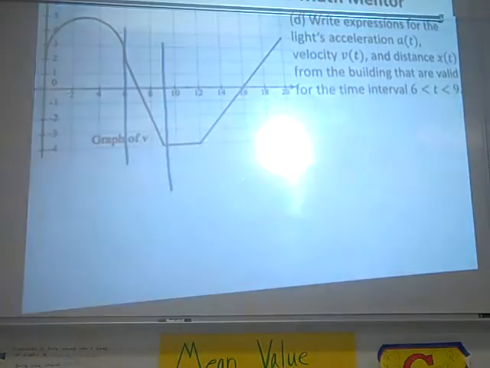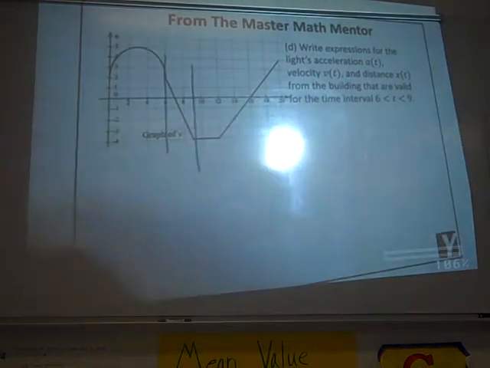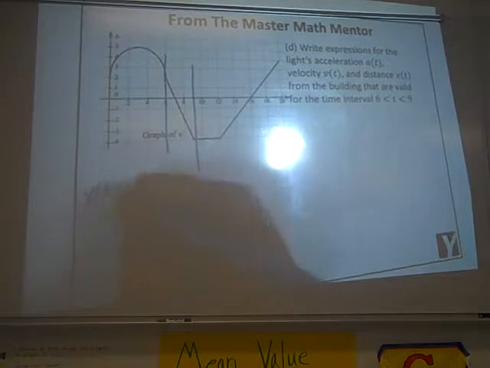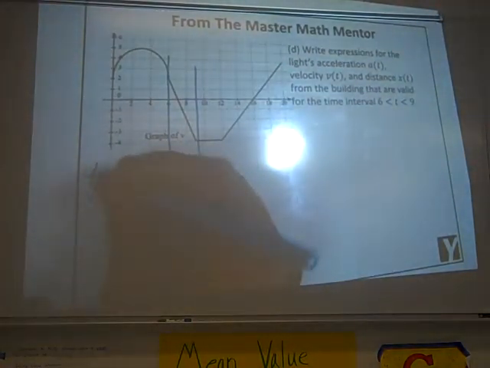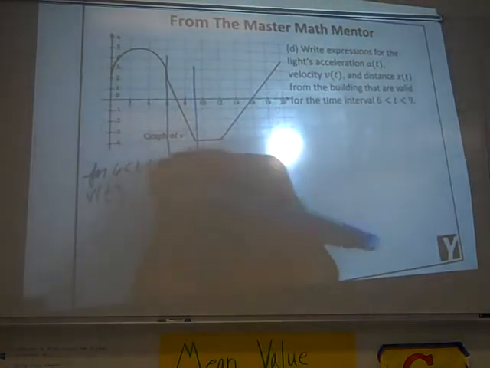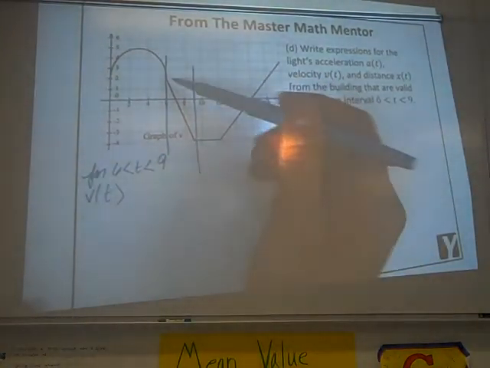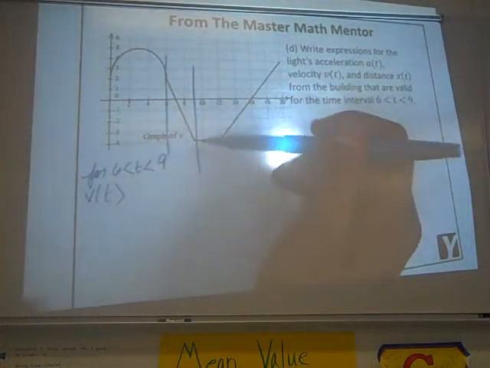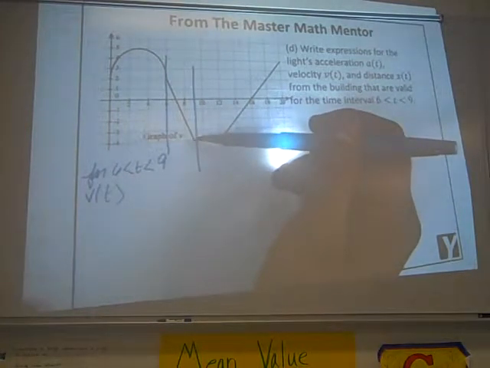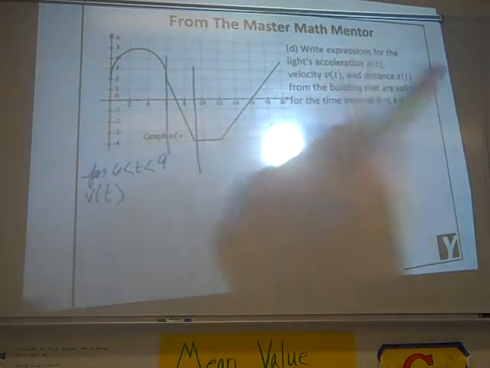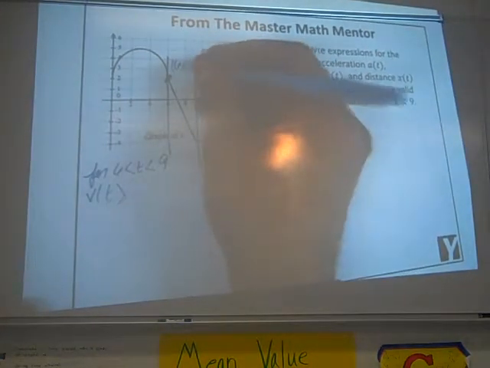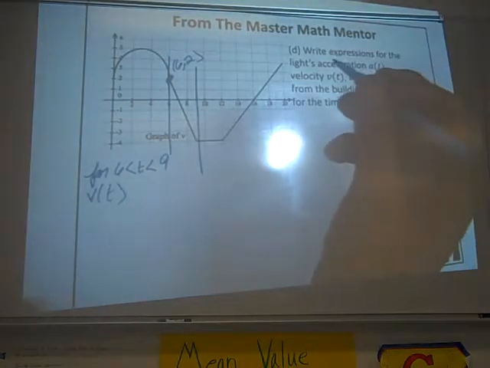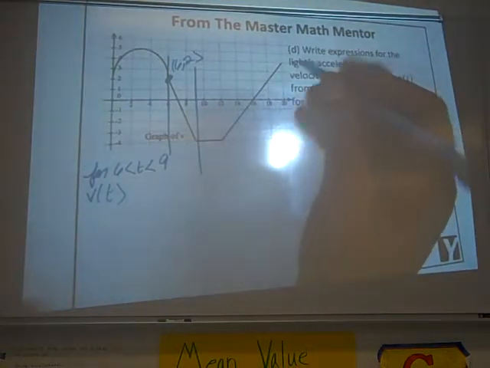Well, let's see. What's the velocity? Since this is the graph of velocity, for the time interval 6 less than t less than 9, the velocity is just a straight line. The way I find the equation of a straight line, I need one point and one slope. This point over here should do nicely. I can see pretty clearly that that's the point (6, 2).